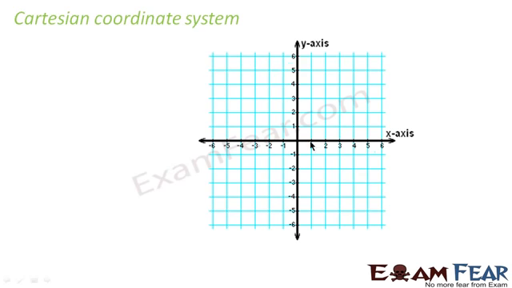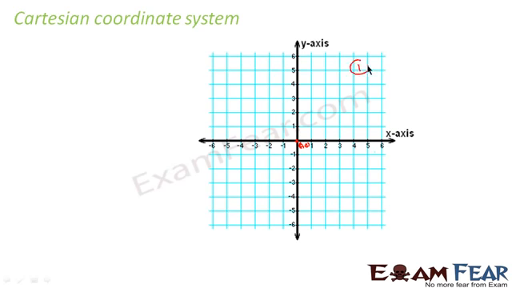Similarly, on the y-axis. This is called the positive x-axis because all the points are positive here. This center point is called 0, 0 because here both x and y are 0. Then you have the negative x-axis, the positive y-axis, and the negative y-axis.